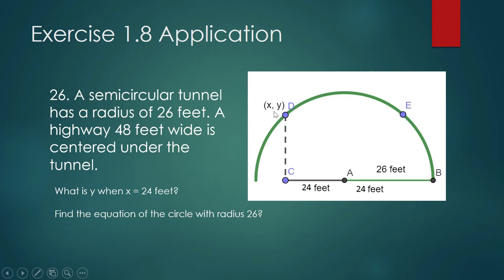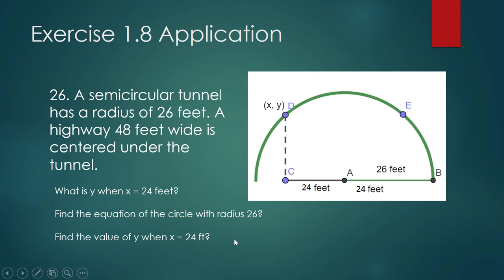So what is y when x is negative 24 feet? That's going to be the height of the tunnel when you are standing right here. So find the value of y when x is 24 feet, because at 24, that has the same y coordinate.